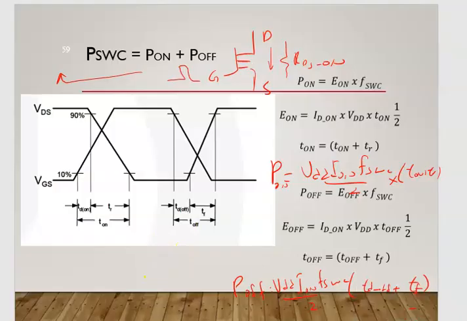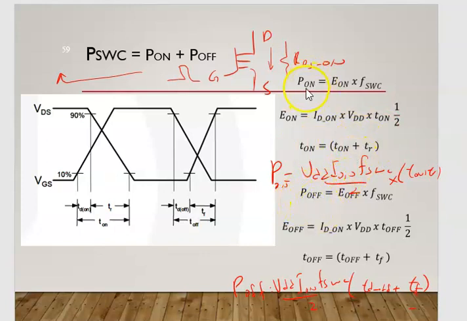Okay, as per what we have circulated in terms of formula that you should follow or use inside your exercise. So the P on, power on, depends on how much energy during switch on times switching frequency. E on is calculated by V times I times the half cycle of your switch on time, and T on is equal to T delay on plus T rise. So this you can get from the data sheet.